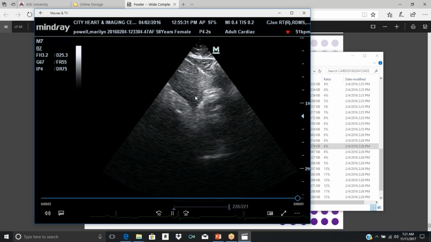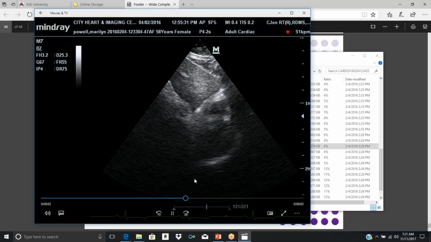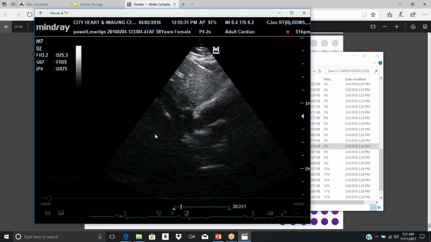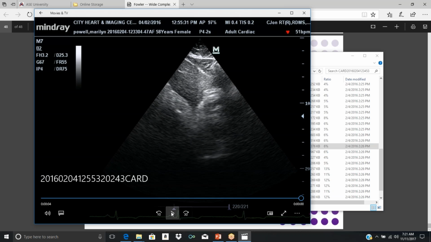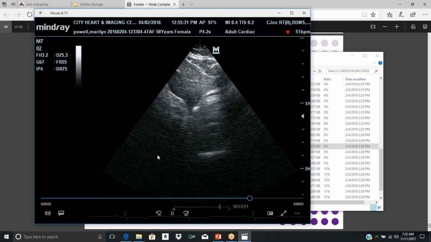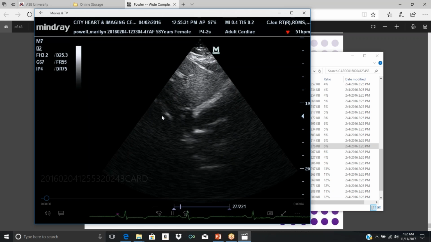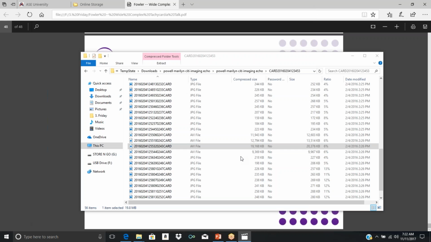So again, this is a subcostal view. Inferior vena cava right there. And you have to do this view, because in order to give an estimate of right ventricular systolic pressure, pulmonary arterial systolic pressure, you have to measure the IVC, inferior vena cava. So you have to do your subcostal view.